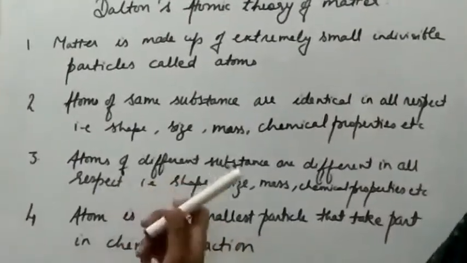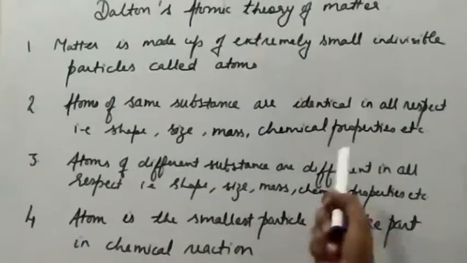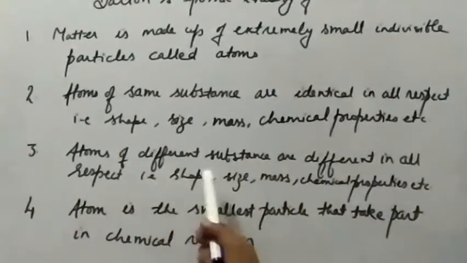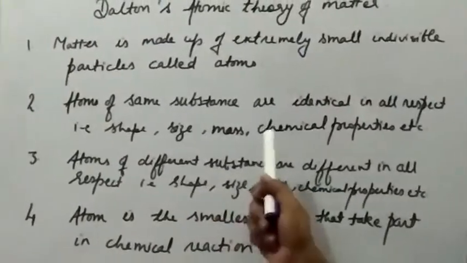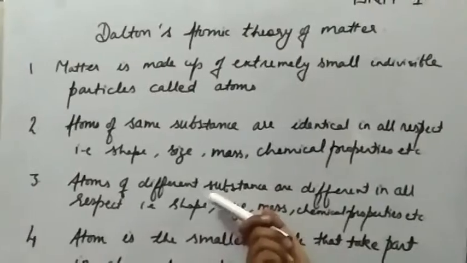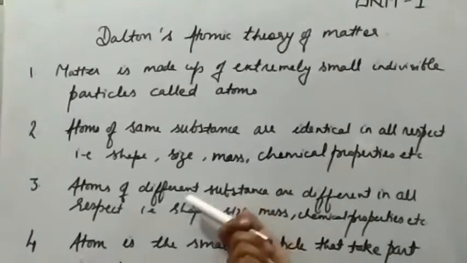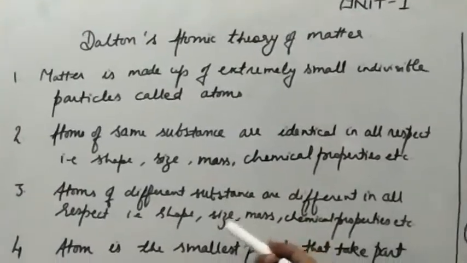Then the third point is that atoms of different substances are different in all respects, that is shape, size, mass, chemical properties. We can take the example of any two different substances, such as iron compared with oxygen.